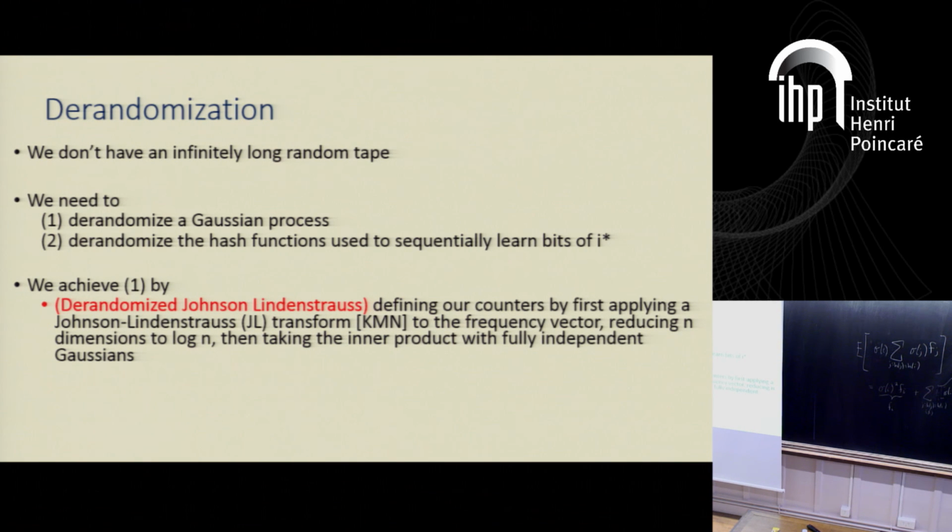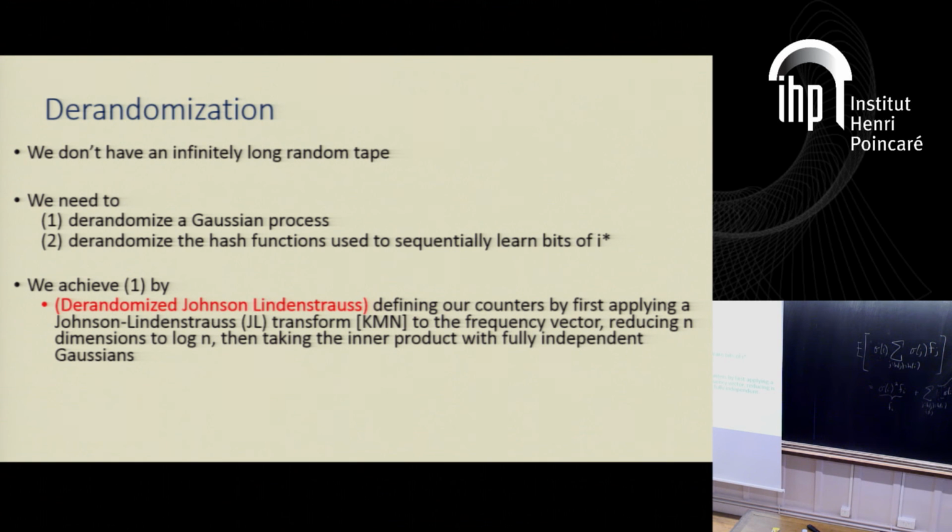We first squash this n-dimensional frequency vector down to a log n-dimensional vector by applying this Johnson-Lindenstrauss transform. Now it's only log n-dimensional, and now we can afford to choose log n independent Gaussians for each of the coordinates, because now it's very small.